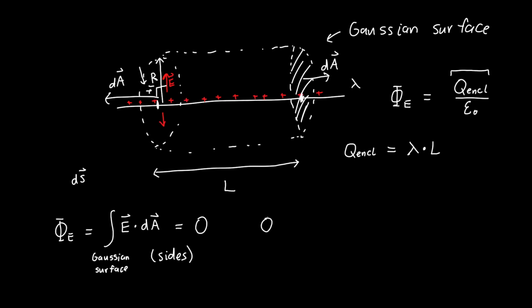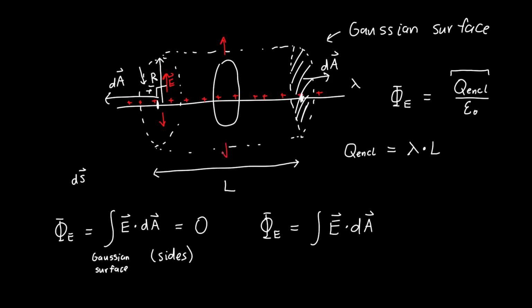What is the electric flux for the main body of the cylinder? So this region here. Well, it's not 0. We're pretty sure of that. Otherwise, this would not be a very interesting problem. So in this case, the electric field, we said, always points away from the line charge.